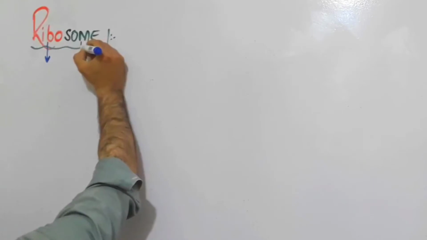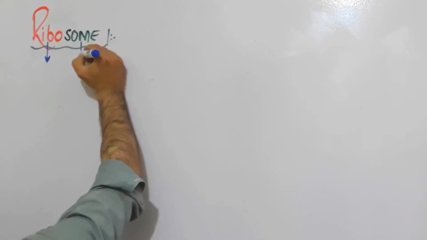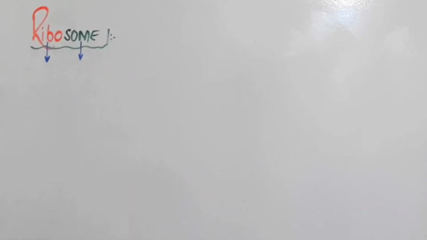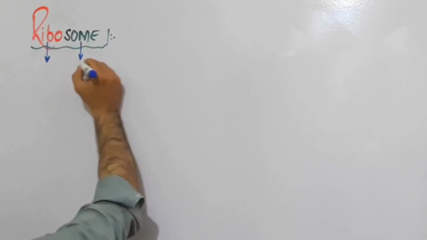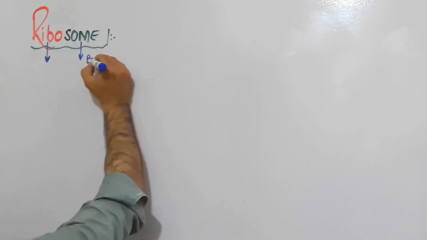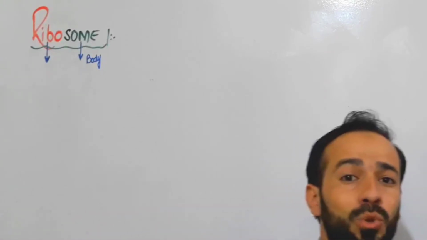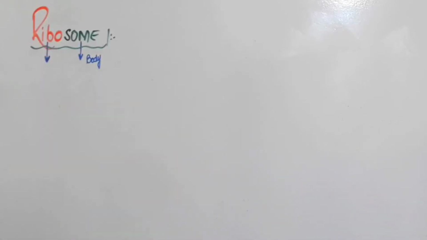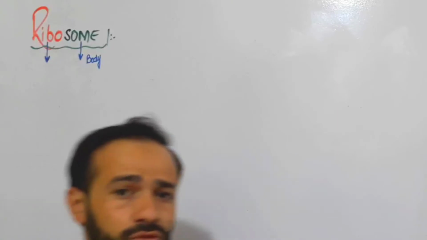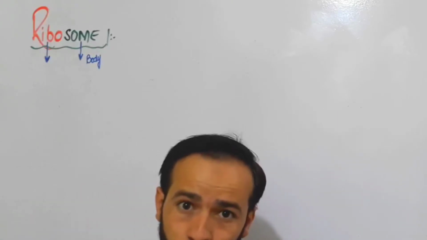And some means body. Some means body, and ribo means the RNA sugars. In simple words, ribo refers to ribose sugar, right?